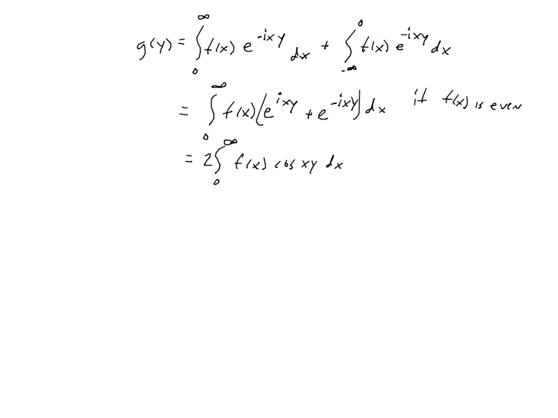In which case everything else would be the same, but I would be changing f of x from positive to negative. There'd be a negative sign in here, and I would end up with something that looks like a sine function instead of a cosine function. So this would be sine xy if f of x is odd.